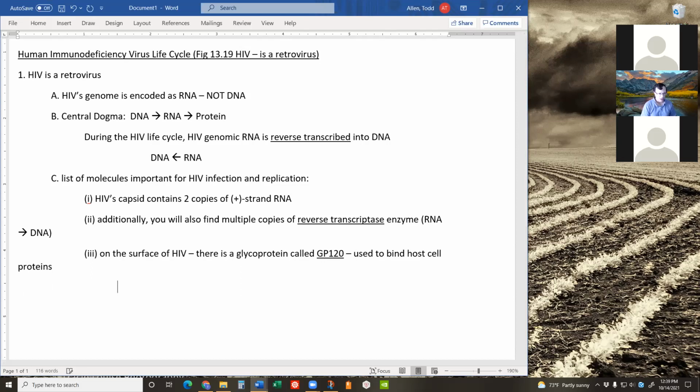Let's talk about that a little bit. When GP120 attaches to a host cell, it typically attaches to 2 molecules on a host cell simultaneously. GP120 binds to 2 molecules simultaneously on a host cell.